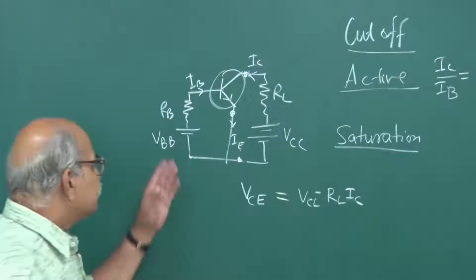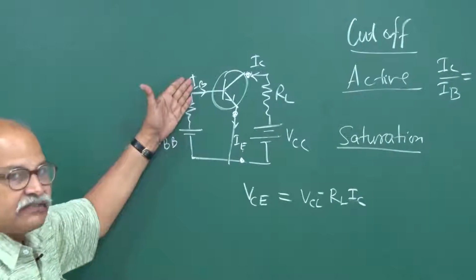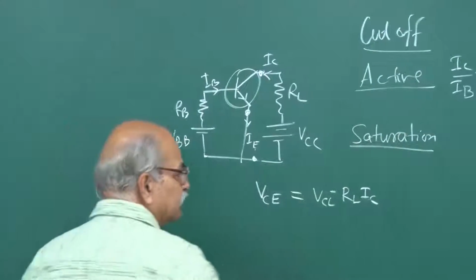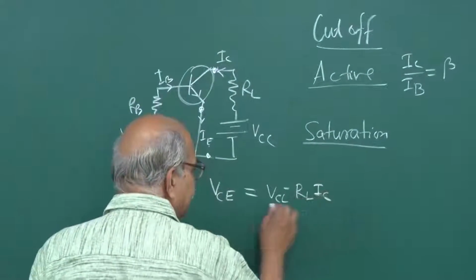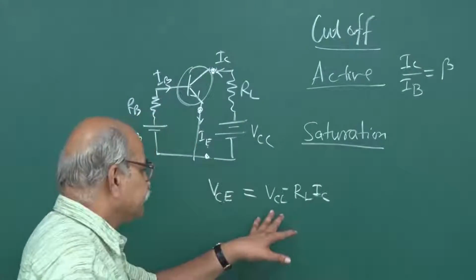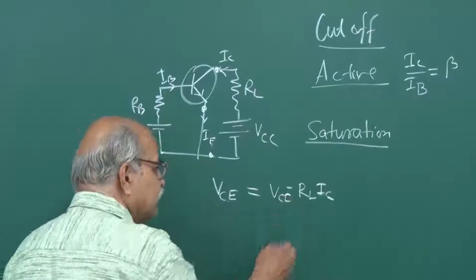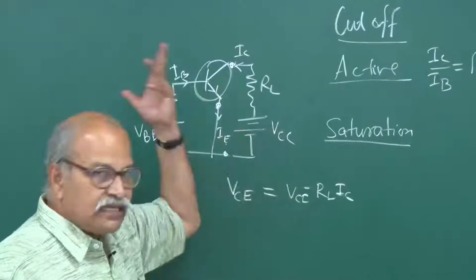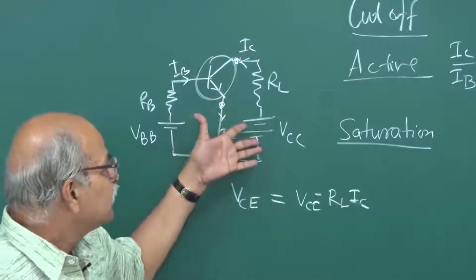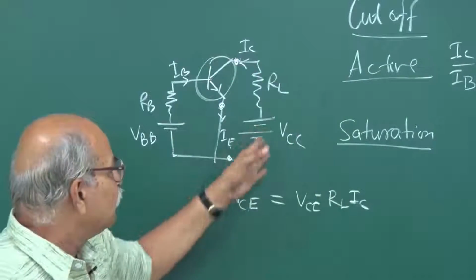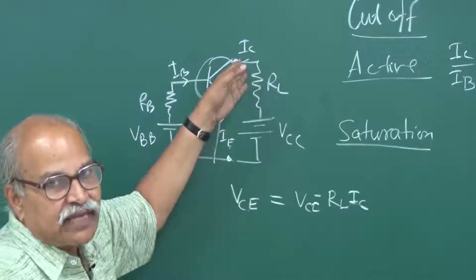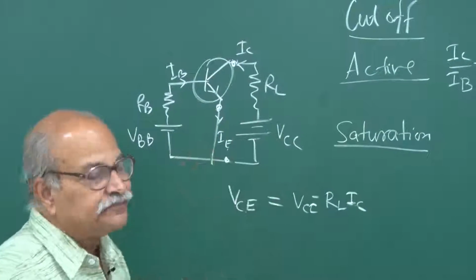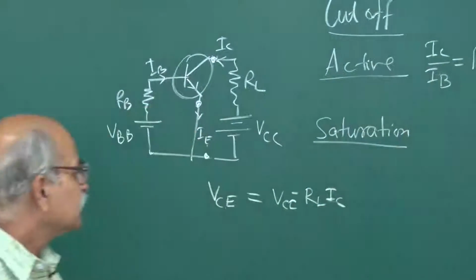So, suppose we start with a small IB, a small biasing here, and then you have a small IC, and then VCE is large enough. This quantity is small, it's VCC, and VCC is good. Let us say 2 volts we have put, and if this IC is very small, this will still be reverse biased, and it will collect the electrons, and this condition will be satisfied.